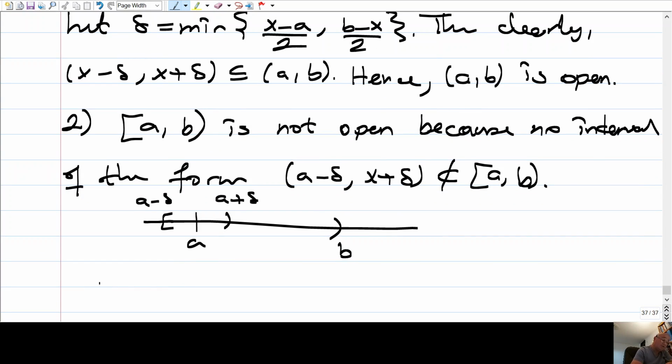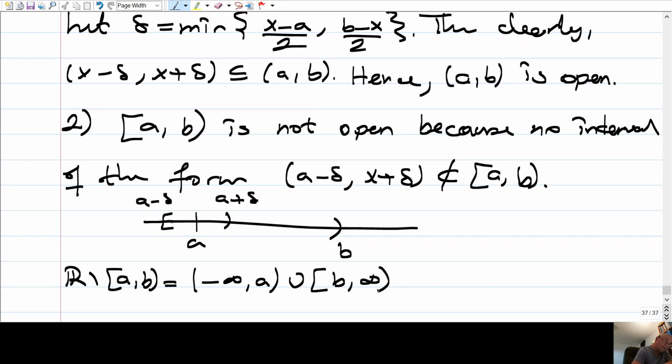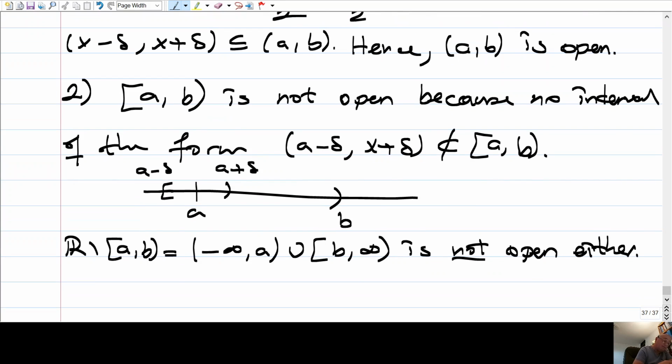It is not closed. Why is that? Because R minus AB is just minus infinity to A union, this time B to infinity. This is not open either, because of the same reason. This time you play the same game for B, right?